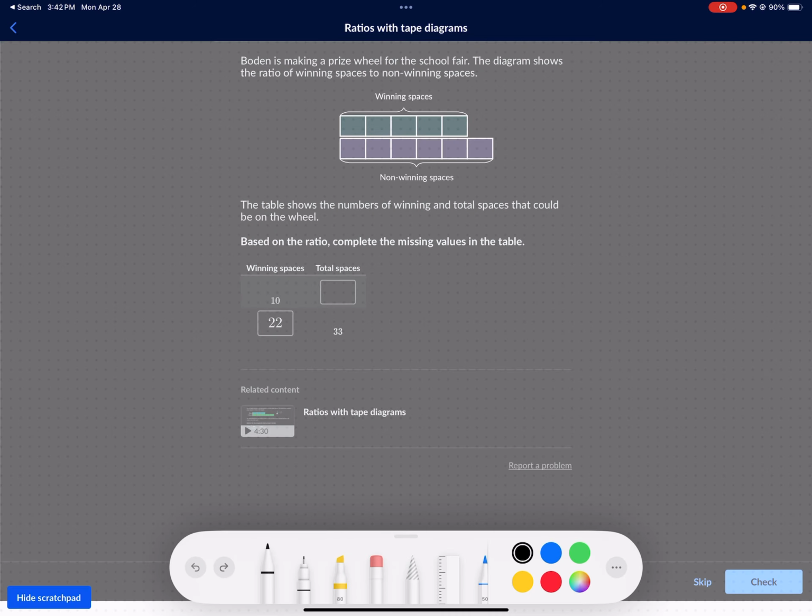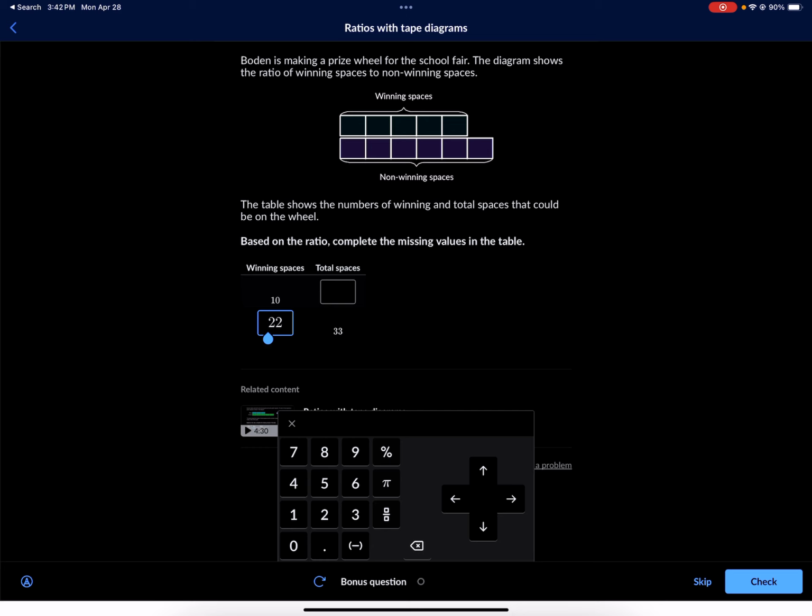So that means we have winning spaces, which is 10 to 12. So we have 12 here. And then we have total spaces, which is 33. So we got 22. Good, very good.